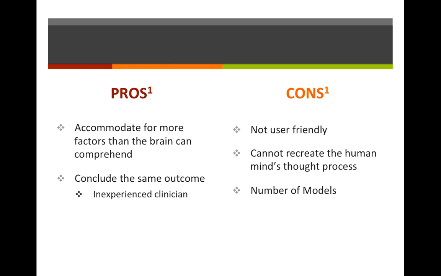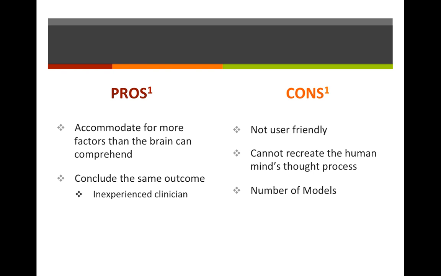So here are some pros and cons of using a CPR. So a pro is obviously a statistical algorithm or model is going to be able to grasp all the varying factors better than the human brain.